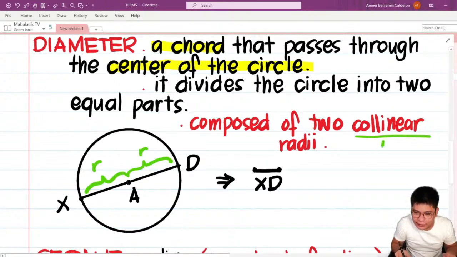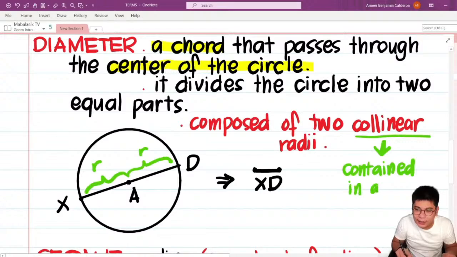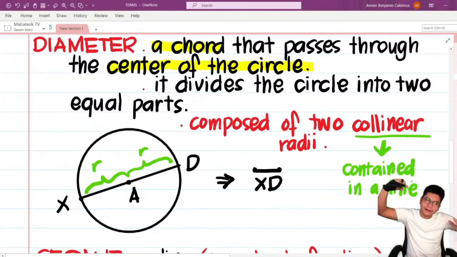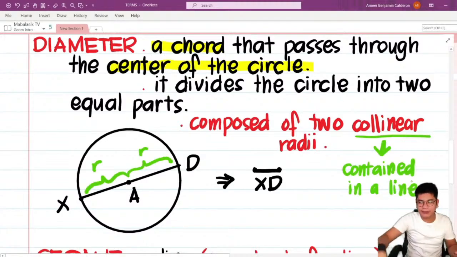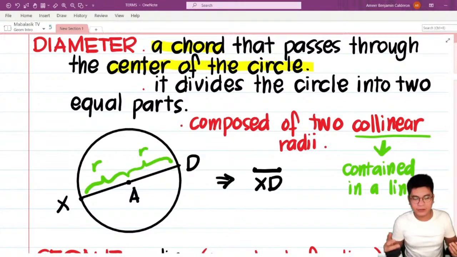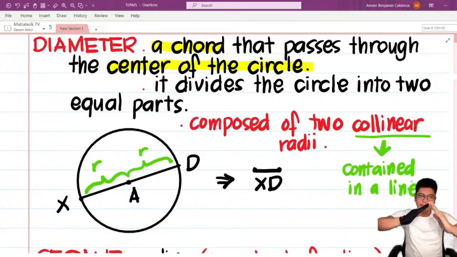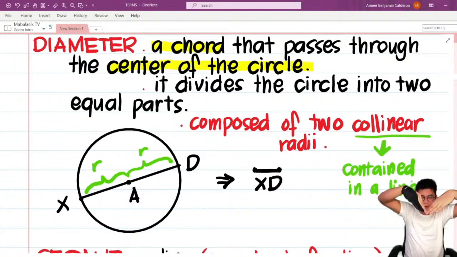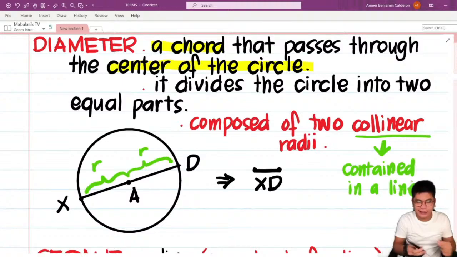Marami talaga kasing definitions to eh. Contained in a line. Parang bumubuo siya ng isa pang line. Collinear yon. So kapag meron akong dalawang radius na hindi collinear, siguro ganyan. Ayan. Diba? Kaya ganun. Basta you get the idea.